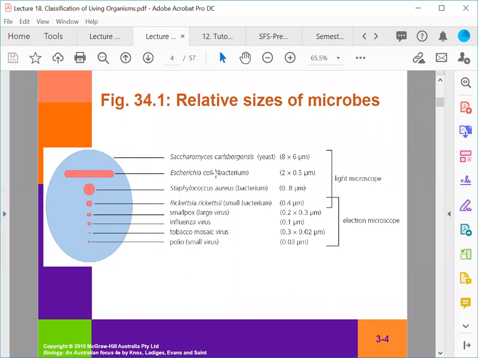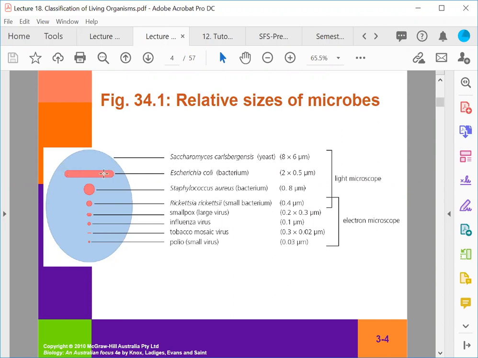Okay, so let's have a look at the relative sizes of microbes. And firstly, we'll start with a single eukaryotic cell in blue. So the size of this eukaryotic cell, this is Saccharomyces, a yeast, and we can see the dimensions there, 8.6 microns in diameter.